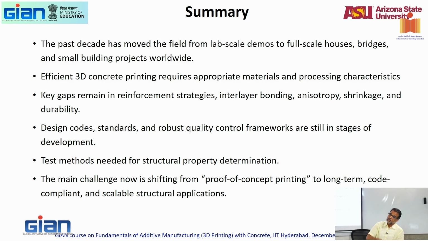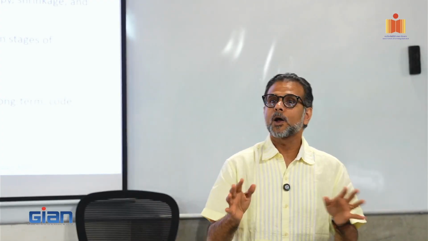The quality of interface is going to be different. If I put one layer here, another layer on top, versus one layer here and next layer here, the bond between these two layers and these two layers are not the same. So depending on how I test it, the properties are going to be different.